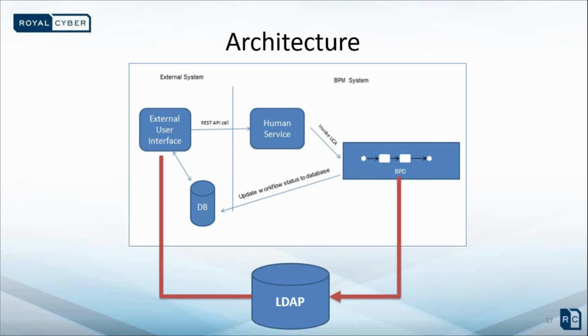Another thing is that the LDAP Active Directory needs to be commonly referred by the external application as well as the IBM BPM side of it. So authentication and authorization should be maintained by both layers, on the BPM as well as on your external system.